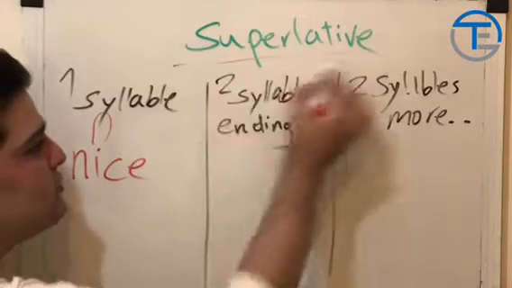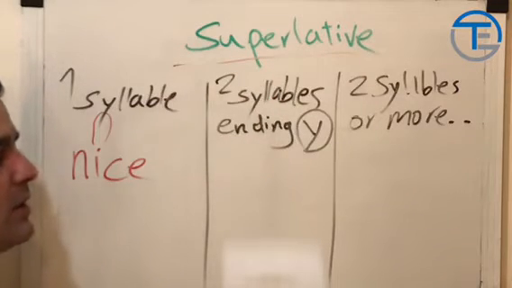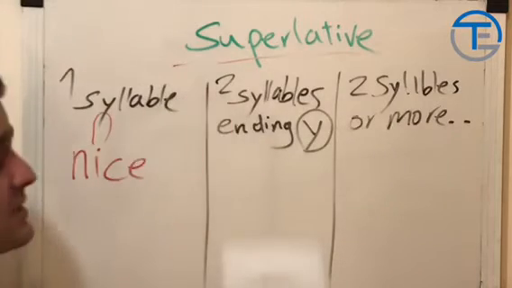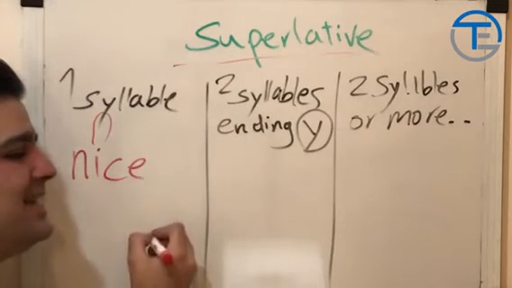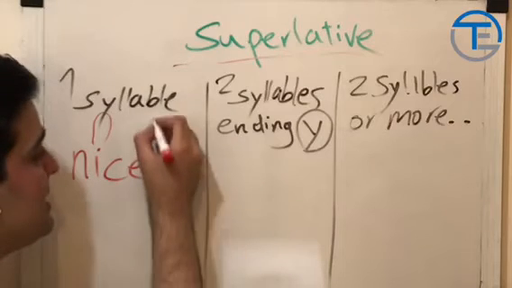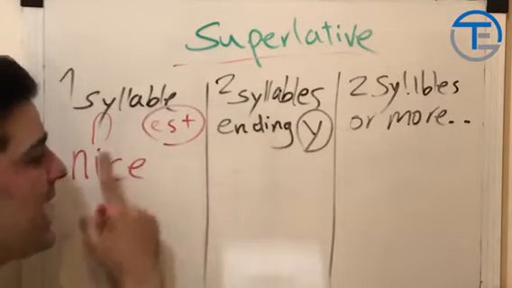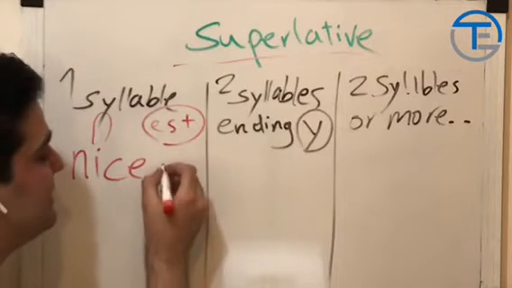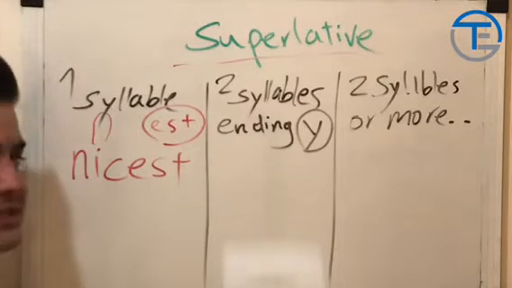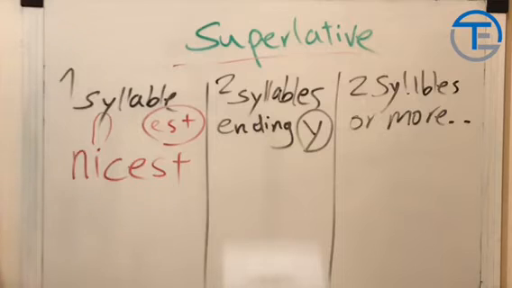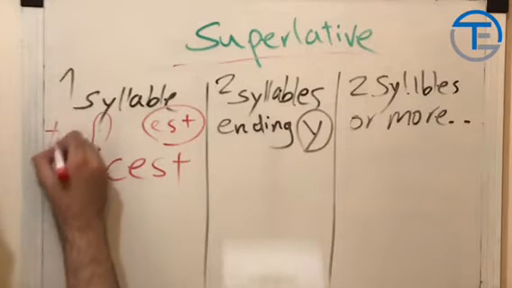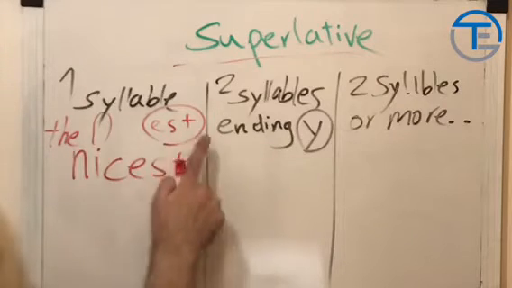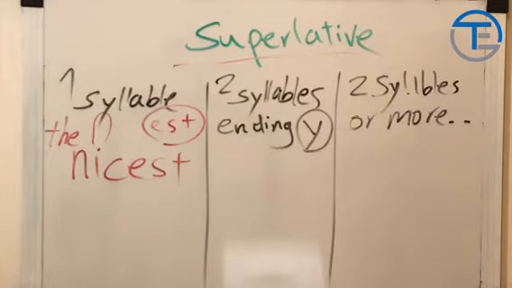If you want to make a superlative adjective for this one, we're talking about 3 things, so you add est at the end of your adjective. But here we have e, so just add st. Nicest, the nicest. For 1 syllable, just add est.